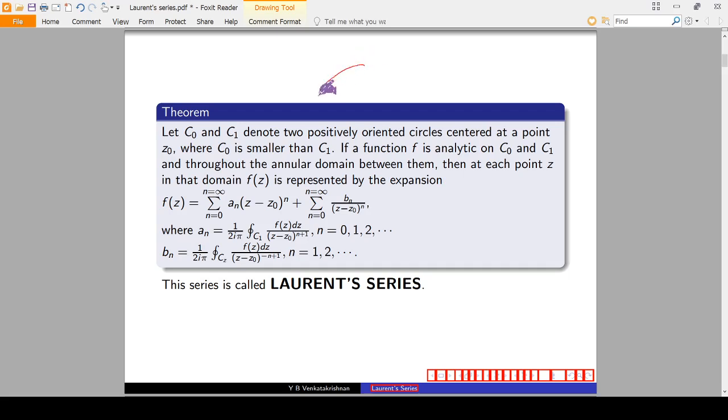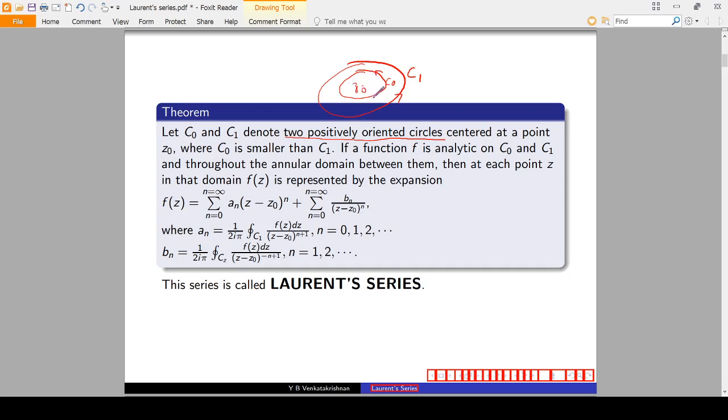Suppose C0 and C1 are two contours by positively oriented circles, implies in the anti-clockwise direction, centered at a point z0.